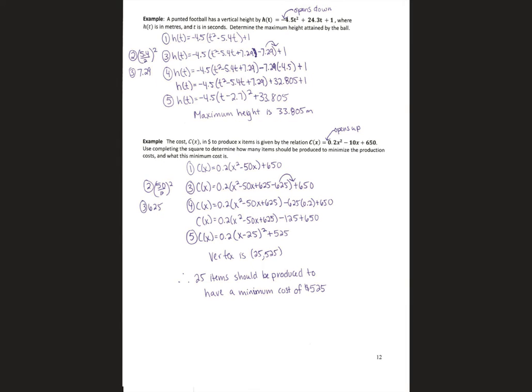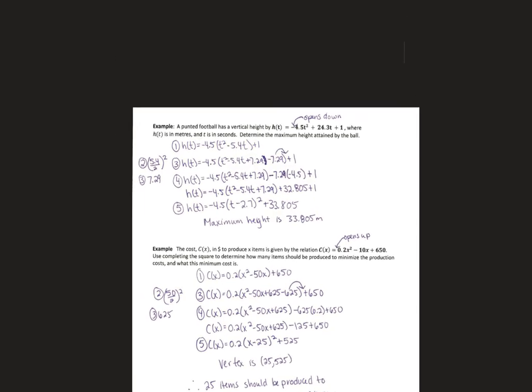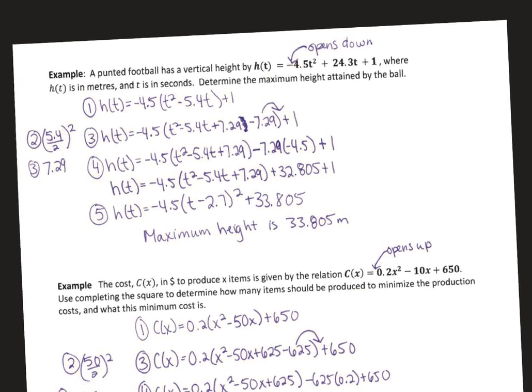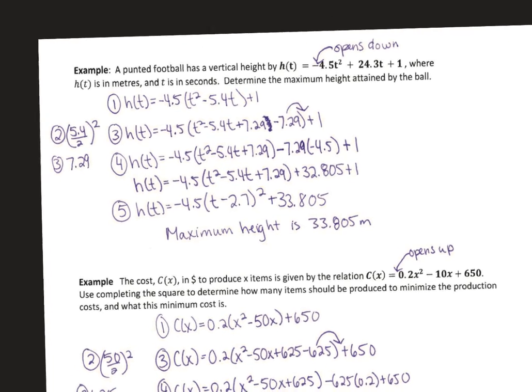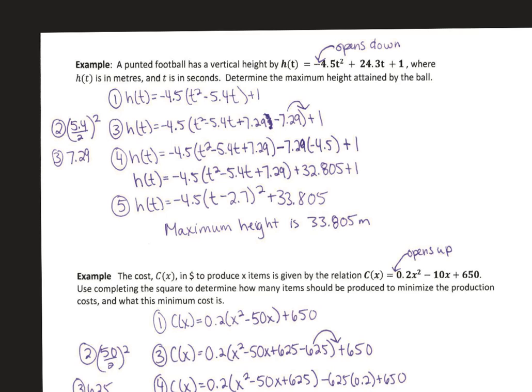Okay, we're going to look at a couple of word problems. Same idea with completing the square here. A punted football has a vertical height that's given by that function, where h of t is in meters and t is in seconds. Determine the maximum height. If we're determining the maximum height, we should be thinking that we need to find our vertex.